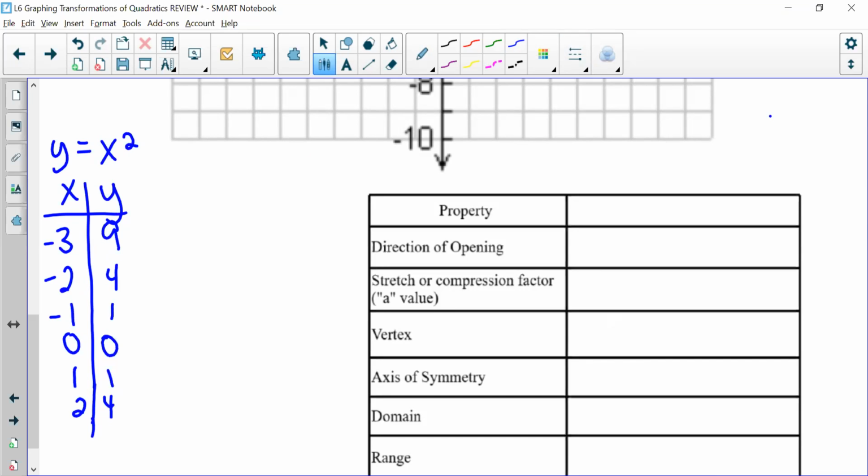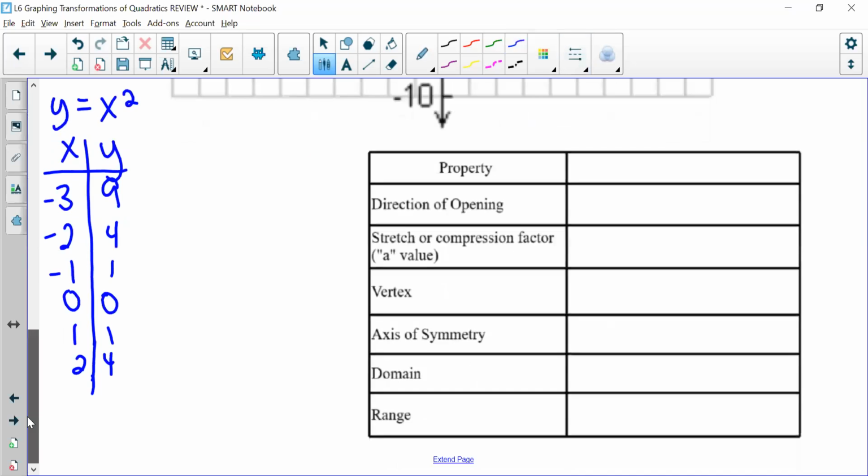Does anybody remember where those numbers came from? Like these aren't just a random set of numbers. Where did they come from? Isn't it like the original quadratic? Yeah, good, Makai. So our most basic quadratic equation is y equals x squared. So you take the input, square it, that gives you the output.